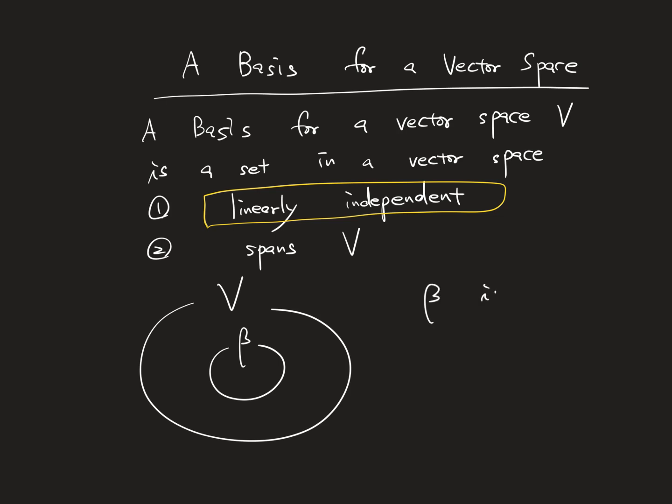Beta is not unique. There could be many bases. Some bases we like, but sometimes we don't like that basis. We'll learn that, but in many applications, the eigenvector basis is really important. But anyway, a basis is not unique.